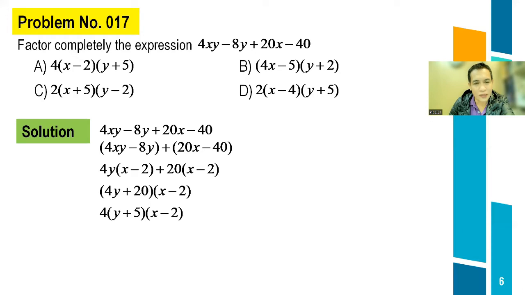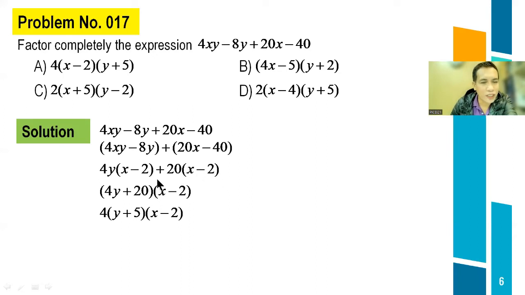What is the common factor for 20x minus 40? Of course, 20. 20x divided by 20 is x, minus 40 divided by 20 is 2. After that, we have two terms: 4y times x minus 2, and 20 times x minus 2.